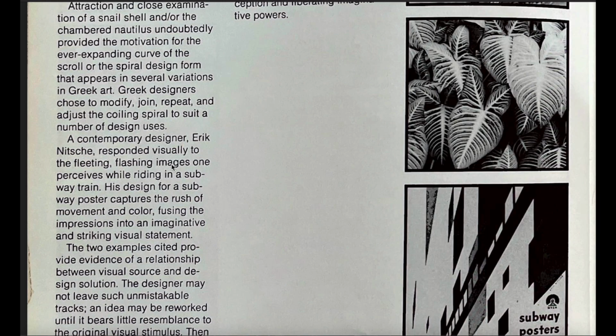So we pull from our environment anything that can nourish that toolbox for that internal vision, so that when we are approached with a design problem, we can pull from that, and we can set those images or those textures to a new rhythm, and through that new rhythm we're able to create these design solutions.